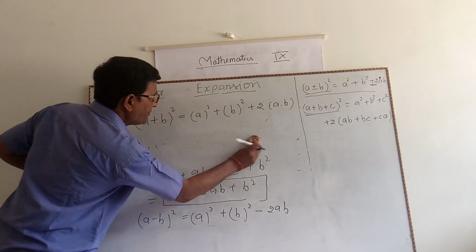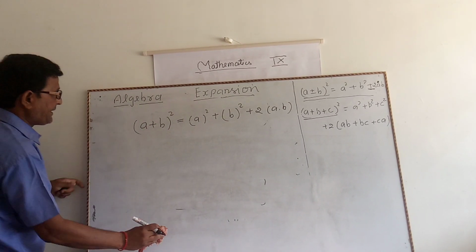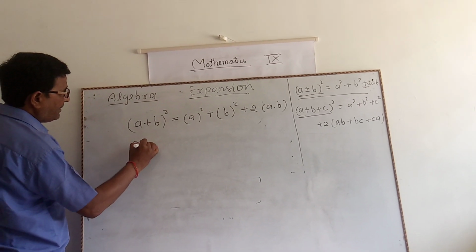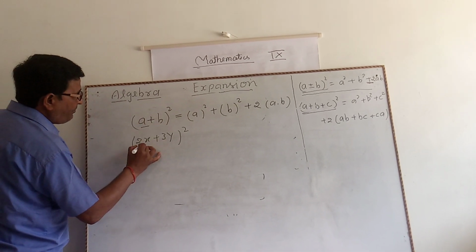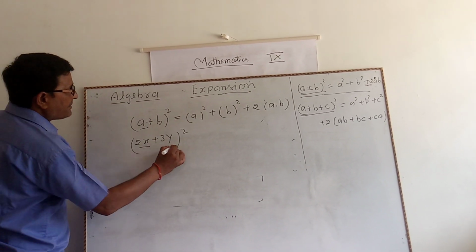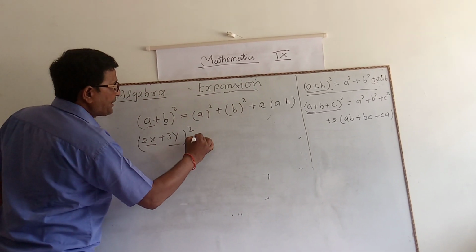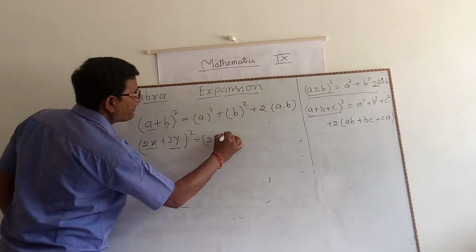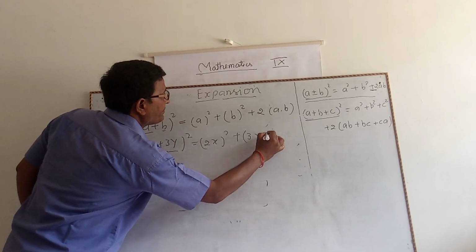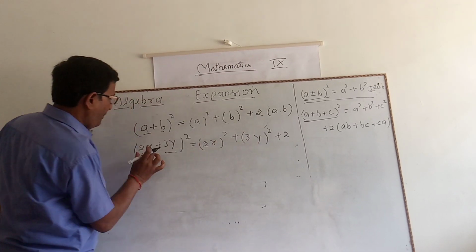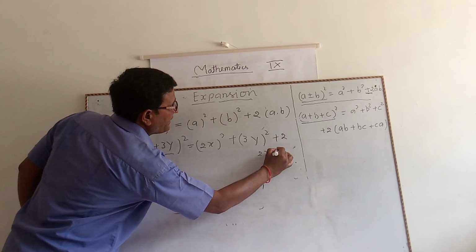See that, if one question is given: 2x plus 3y whole square. See that 2x is the first term and 3y is the second term. Just apply the formula. Square of the first term plus square of the second term plus 2 into first term into second term.